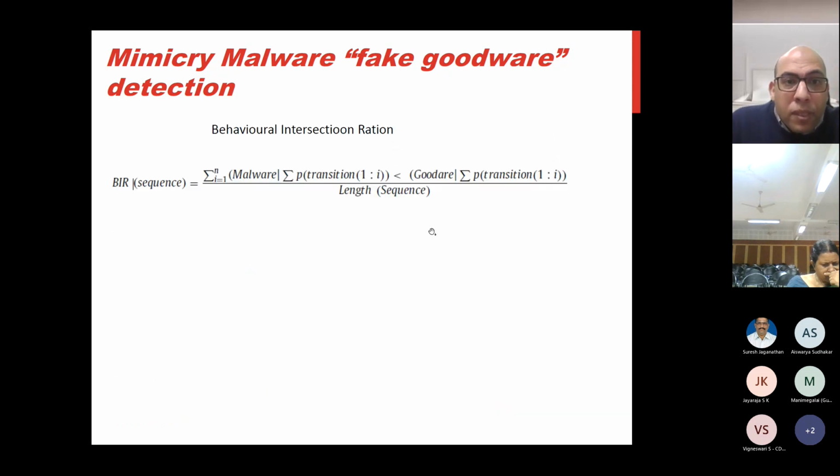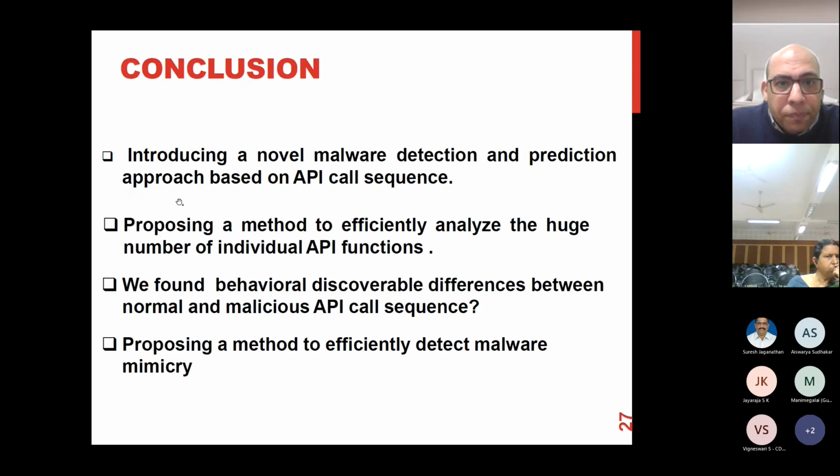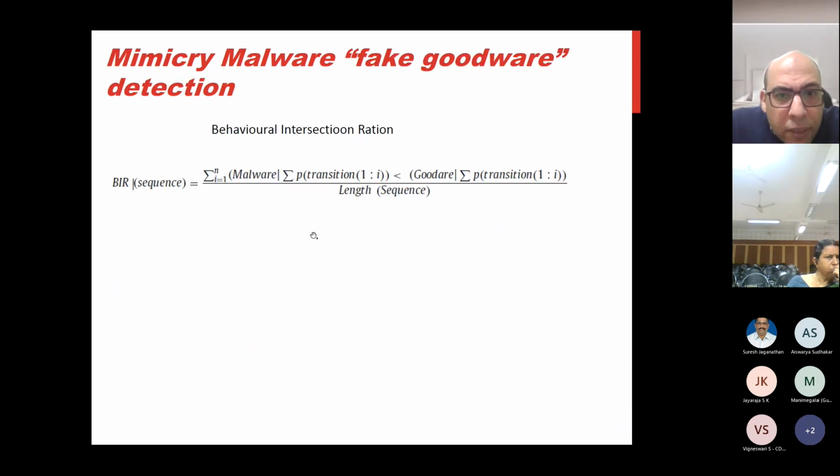And we come up with a model based on what is called the behavioral intersection ratio. Based on such a relation, we can estimate whether the sequence acts as mimicry or not.